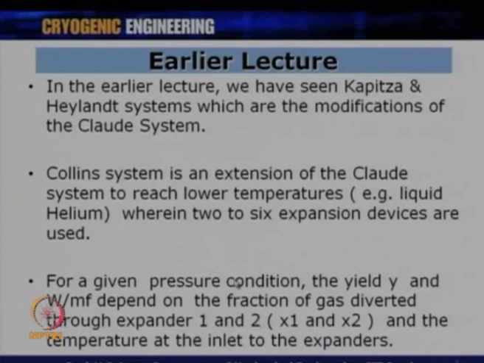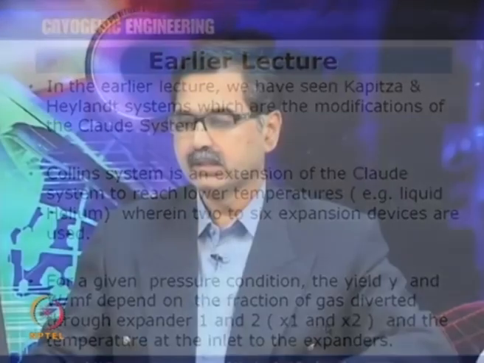So in a Collins cycle, the yield and the work done per unit mass of gas liquefied depend on the values of x1 and x2, the fractions of gas diverted through expansion devices 1 and 2, assuming there are 2 expansion devices, and also on the temperatures at which this gas is diverted. This is going to decide the value of Y, the yield, and the work done per unit mass of gas liquefied for the Collins system.